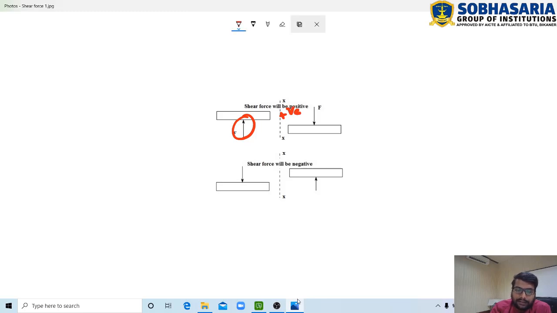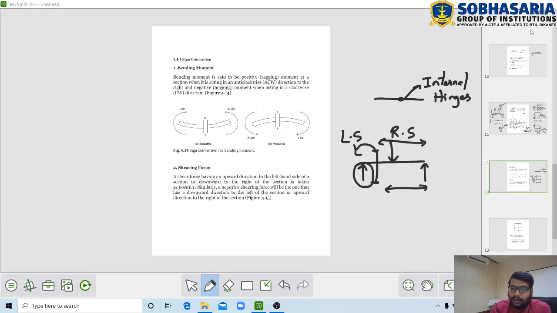And when that reaction is acting downwards to the left of the cut section, then it will be taken as a negative shear force. So, this is the sign convention used for the shear force. From next class onwards, we will look into bending moment, shear force, the sign conventions, and we will see some solved examples.